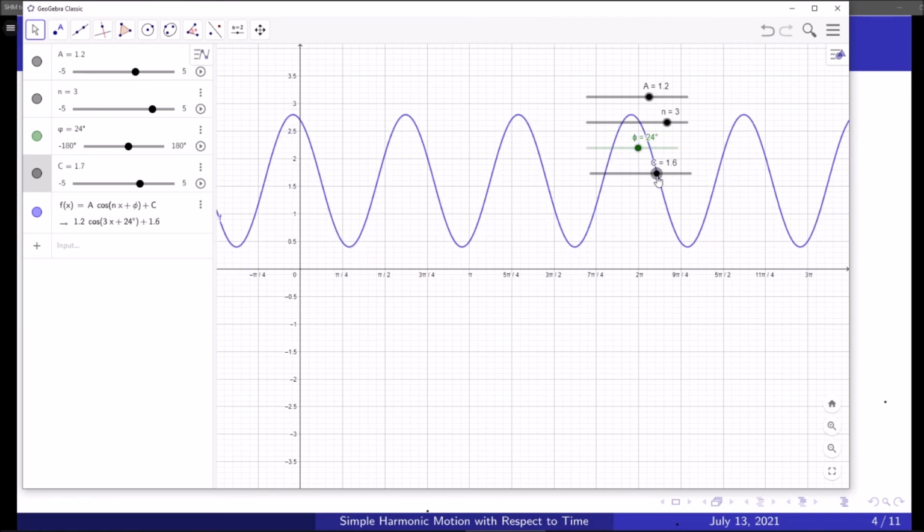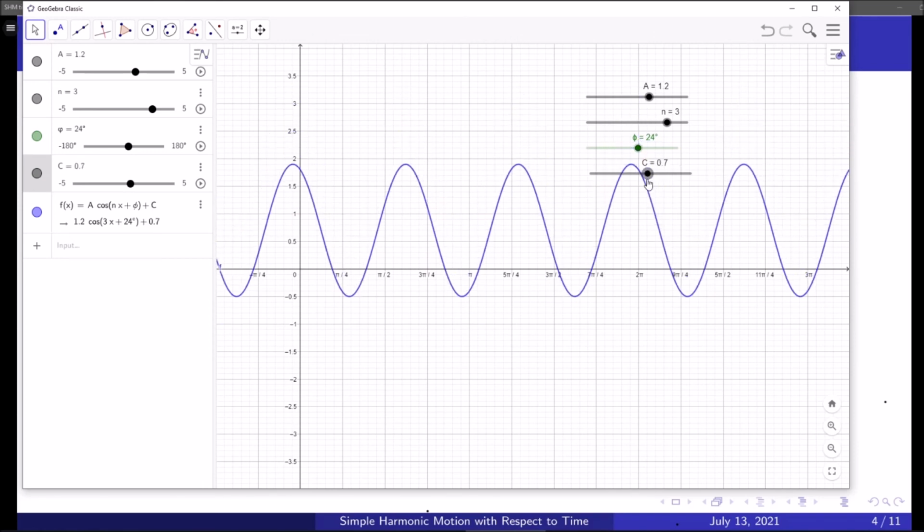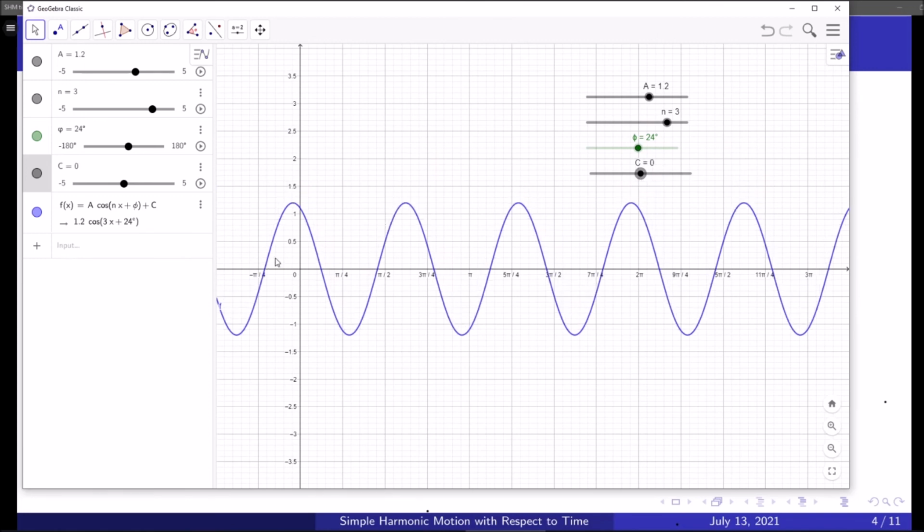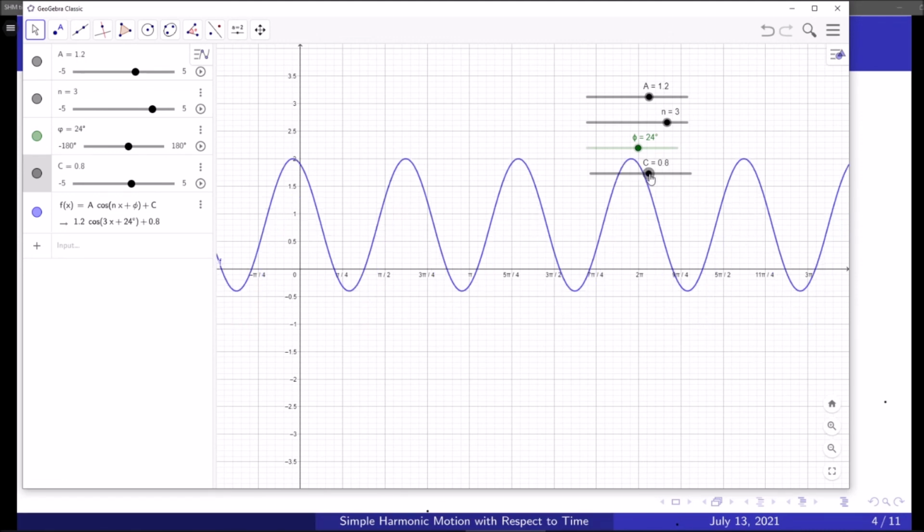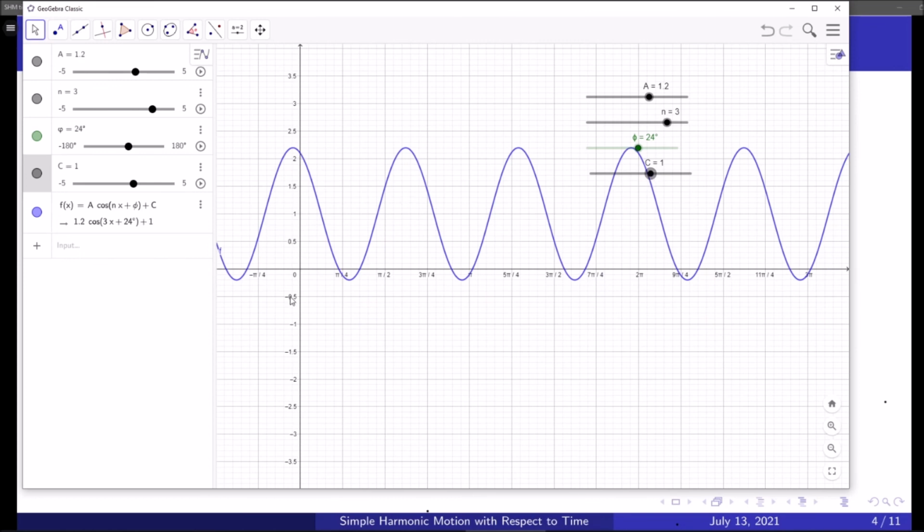As you can see here, when we have c equals 0, our object oscillates about 0, but if we increase it to 1, then our object oscillates about 1.